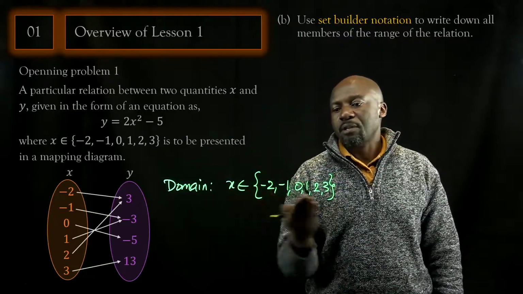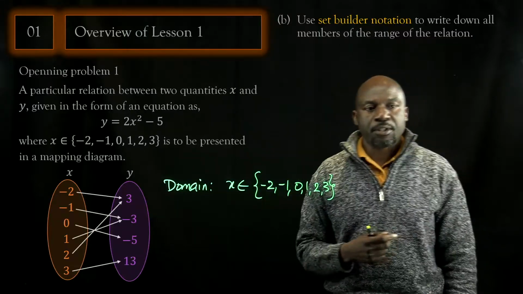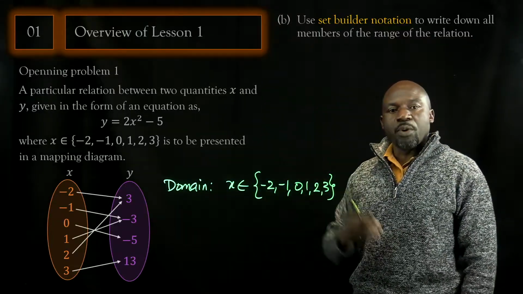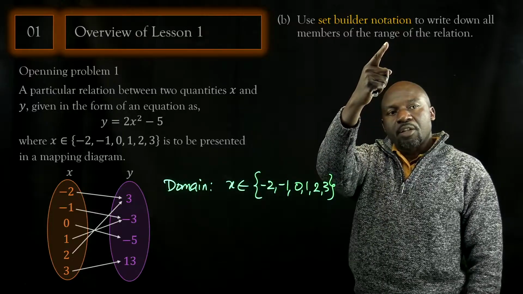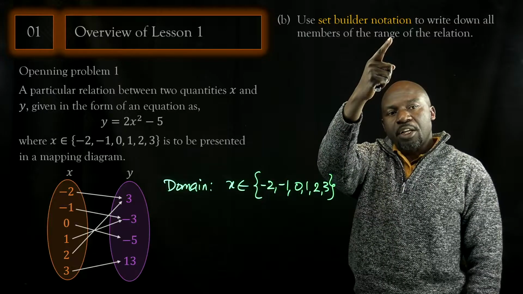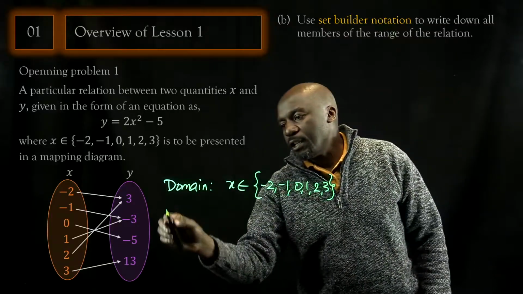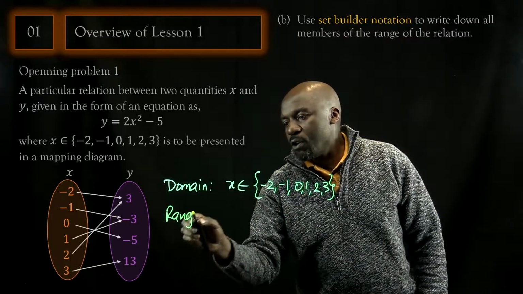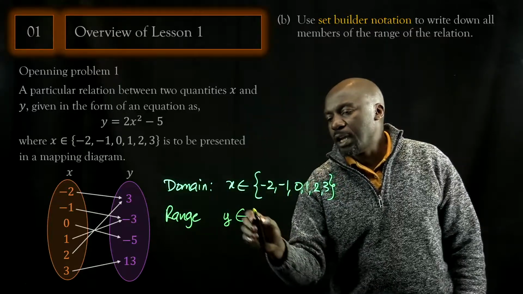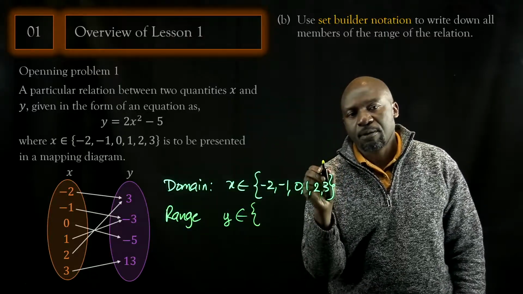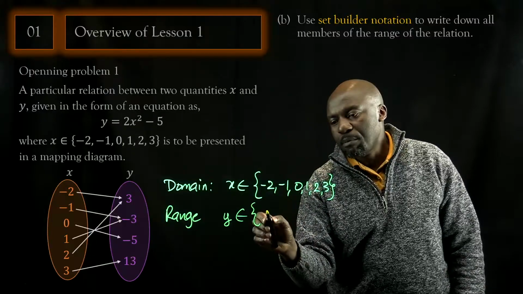So this is a set builder notation for a discrete variable such as what we have here. Similarly, if we are going to express the range in set builder notation, that means just write the range of this set is y values being elements of the set. We have -5.